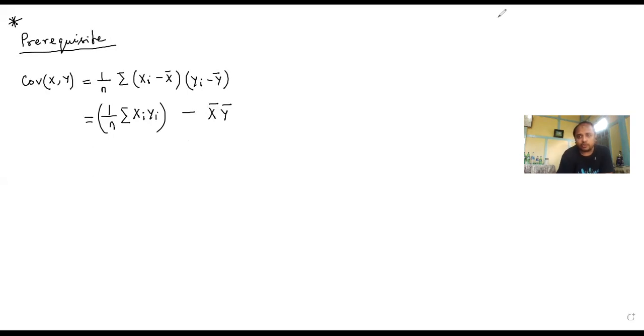And also we know that the variance of x is given by the formula 1 by n summation xi minus x bar whole square. Sigma y square is given by 1 by n summation yi minus y bar whole square. And their computational formulas are as follows.